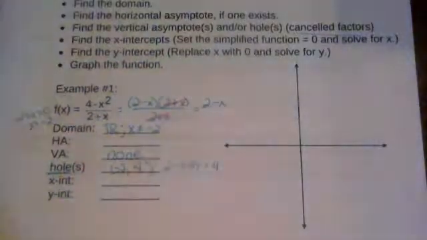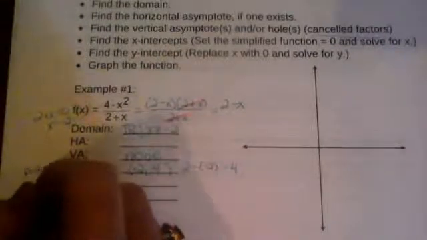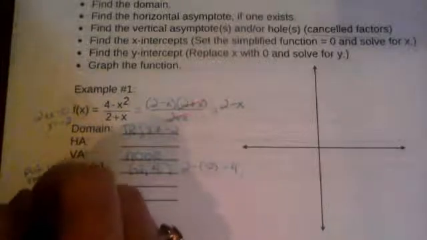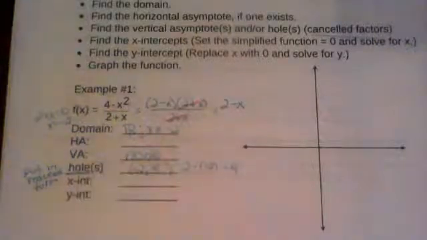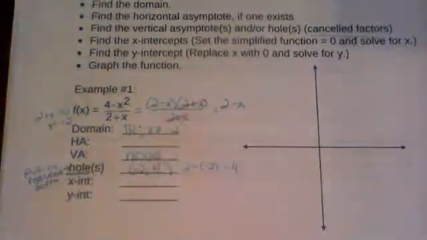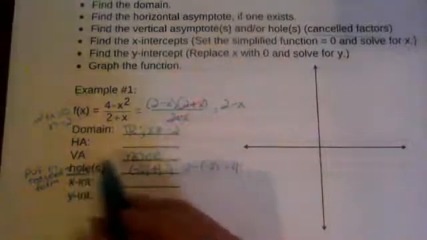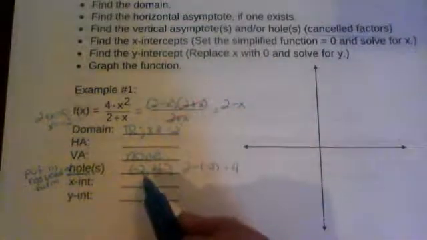The y value of the hole is 4. So to get your hole, put in the reduced form. Okay? All right, so holes and vertical asymptotes are kind of tied together because if it crosses out, not a vertical asymptote, it will be a hole.